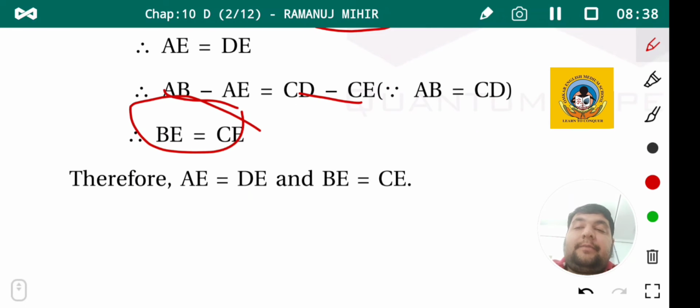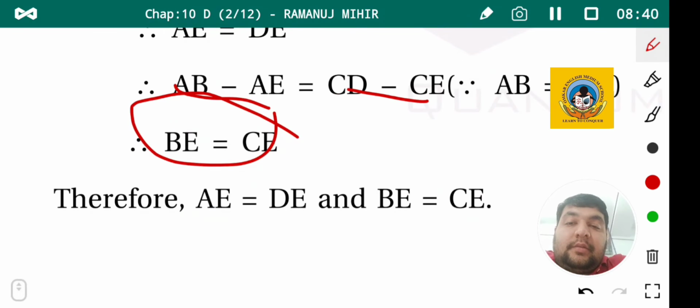It means that for the line segments AB and CD, the chords which are intersecting at a common point, the length from the point of intersection to the circle is equal to that of the second chord.